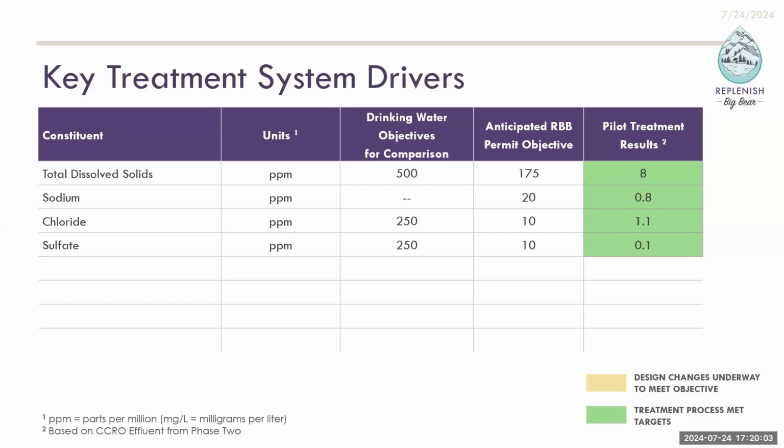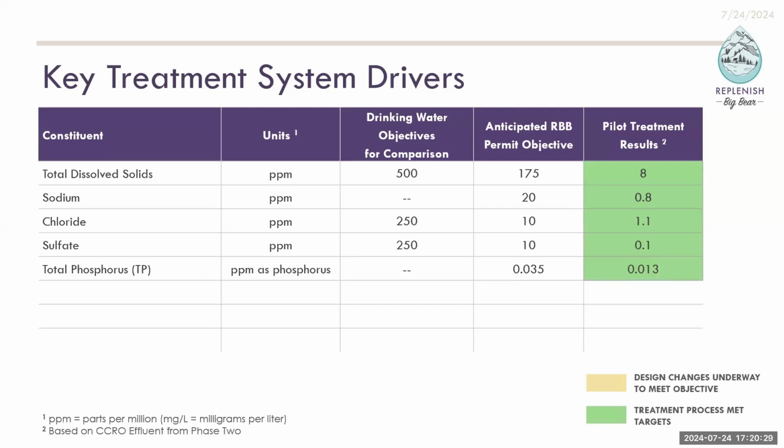Sulfate, similarly, 250 for a drinking water comparison, 10 for the anticipated objective, and we got down to nearly 0 there at 0.1 ppm. So these salts, sodium, chloride and sulfate, again, are a subset essentially of total dissolved solids. These are treated primarily through the reverse osmosis system. So for what we piloted, the RO really will tackle these 4 constituents.